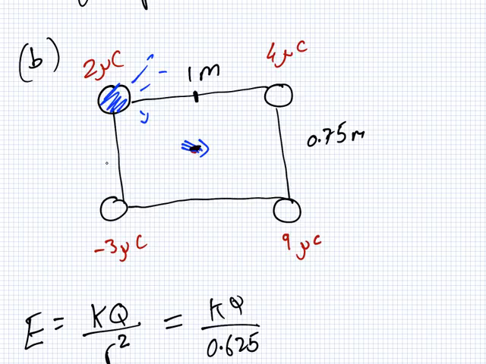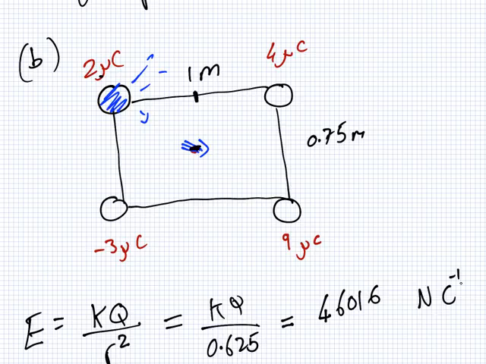Right, what do I use for the Q for the first one? The charge, 2 times 10 to the minus 6. So this is 46016 newtons per coulomb. What is the K?